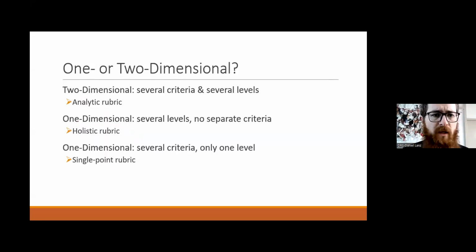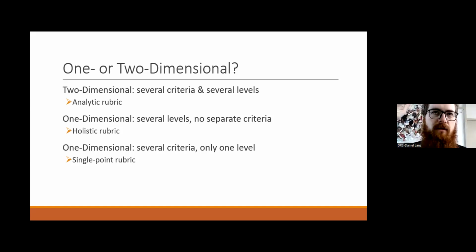So as a reminder, we have rubrics that have criteria, and then they have different levels of mastery. And for some types of rubrics, we have both of those. So most famously for our analytic rubrics, you've got two dimensions, right?